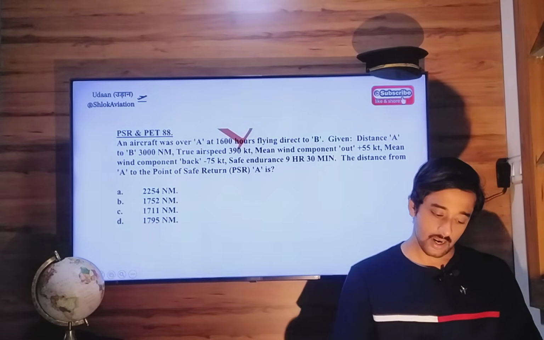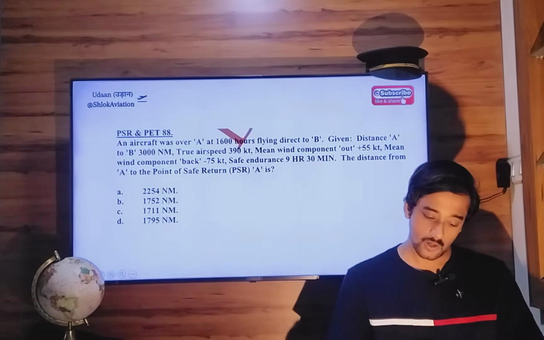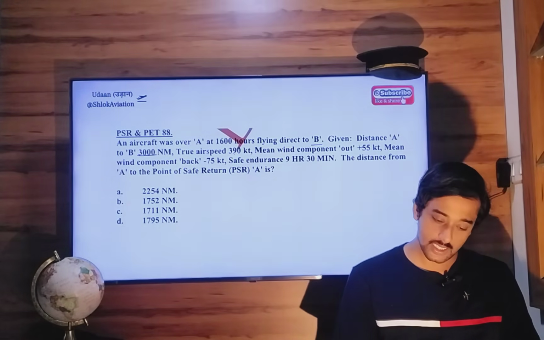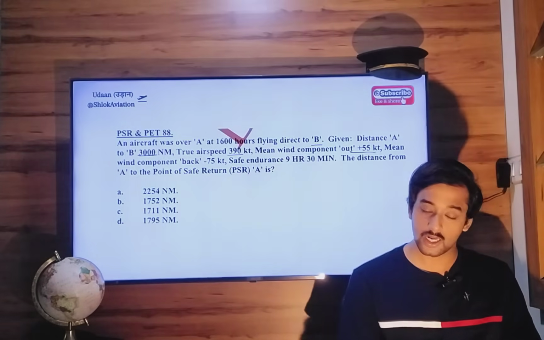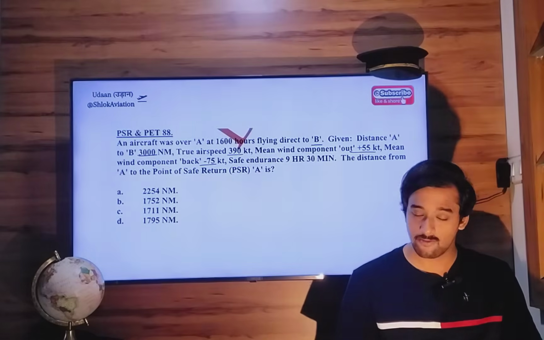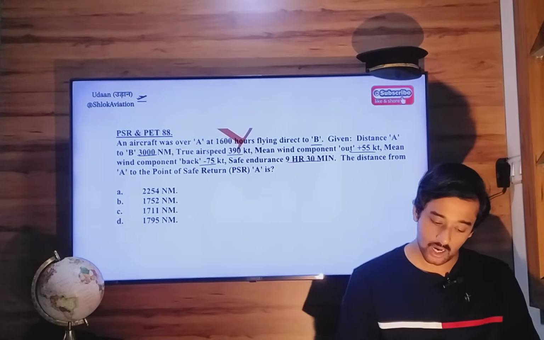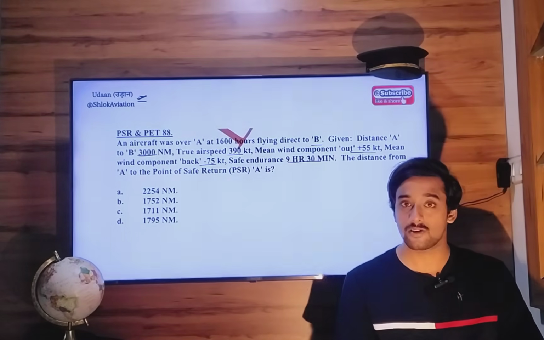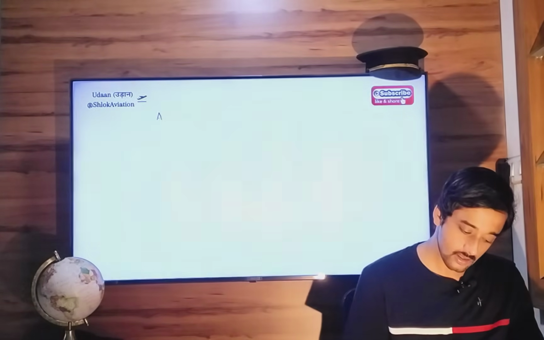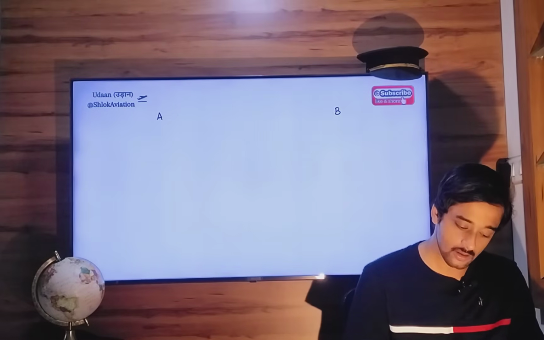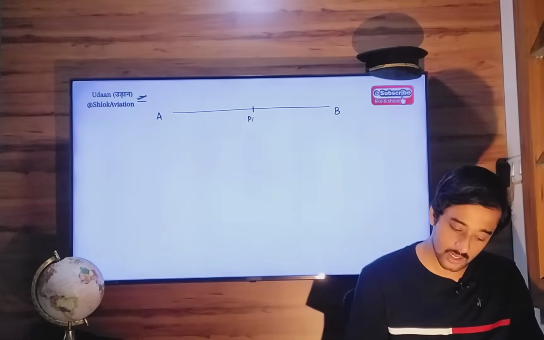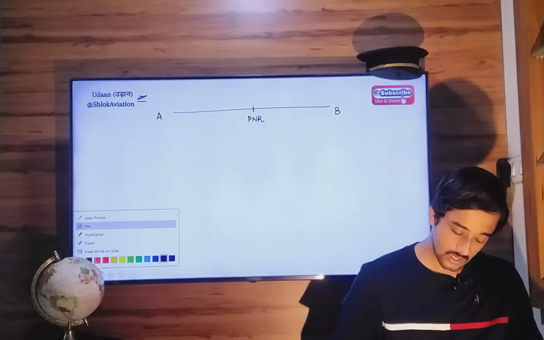Next. Aircraft was over A at 1600, flying directly to B, distance between them 3000, TAS 390, outbound component a tailwind of 55, homebound wind component a headwind of 75, endurance 9.5. What is the distance to the point of safe return? So, this is your point A, this is your point B, this is your point of no return, here is your aircraft.